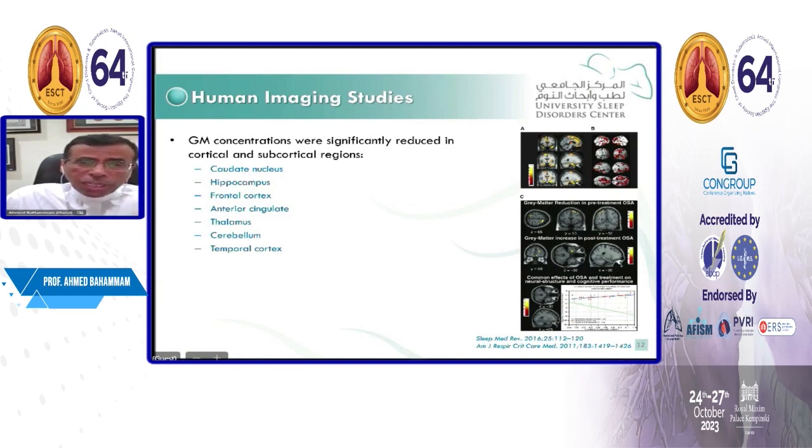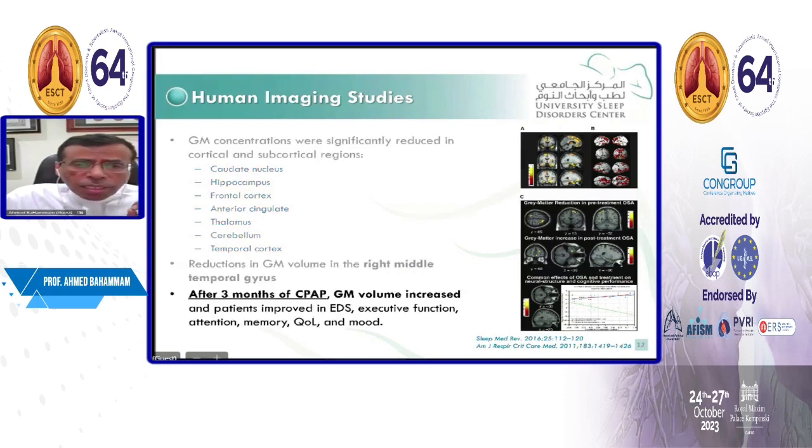The longer the duration, the more the effect, affecting important centers in the brain, including the hypothalamus, frontal cortex, and the thalamus. This reduction has also been documented in the right middle temporal gyrus. The important thing is that after 3 months of CPAP treatment, gray matter volume has been reported to increase, and that was accompanied by improvement in daytime sleepiness and cognitive function in general.